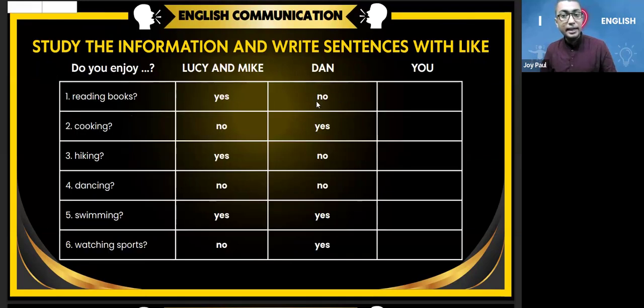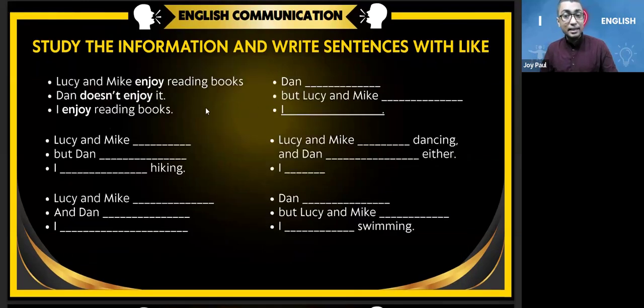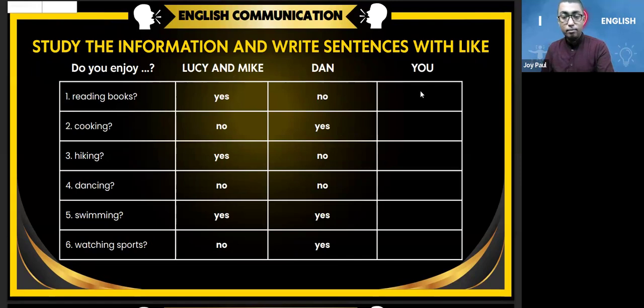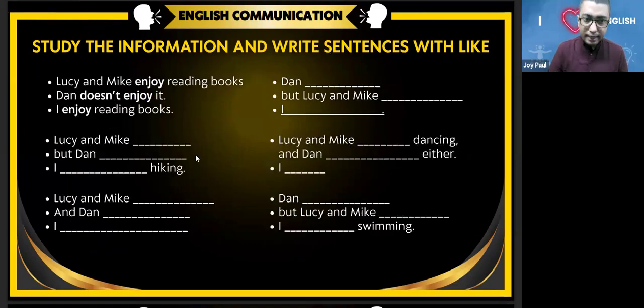Dan is written no. So Dan doesn't enjoy it. I enjoy reading books. What do you enjoy? In this column, you have to say your wish, whether you want to do it or don't want to. This is very simple. Clear?